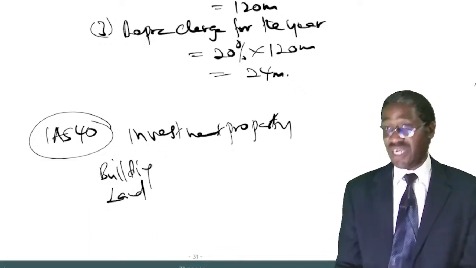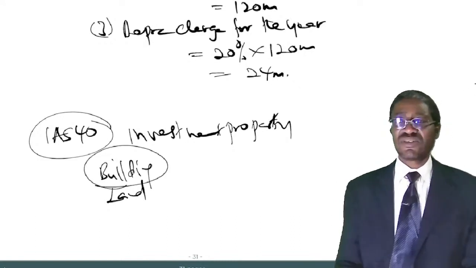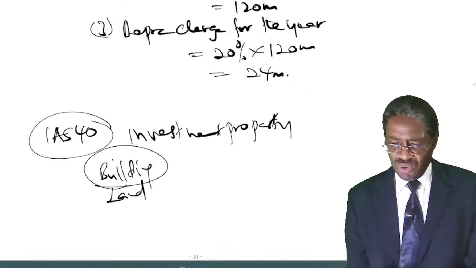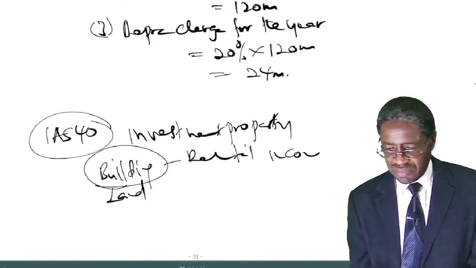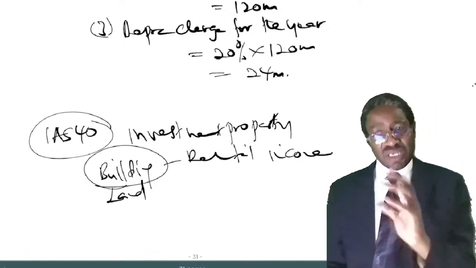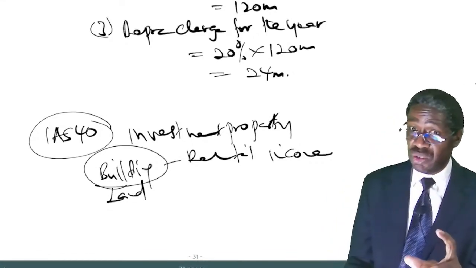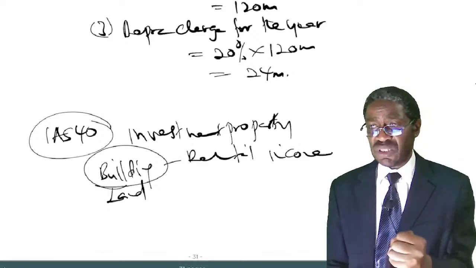Or, again, you are a manufacturing company, you bought a building, and you want this building to give you what we are calling rental income. Remember, you are not using the building to run your business. No. You are using it to generate rental incomes.